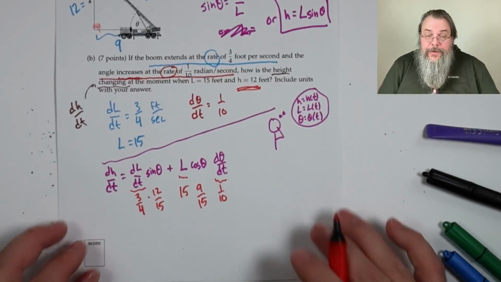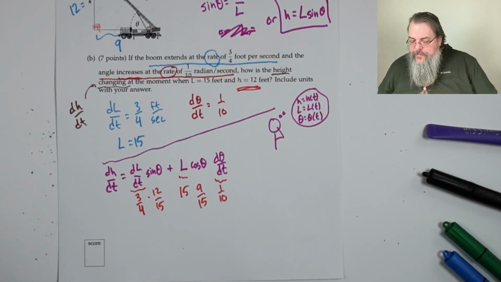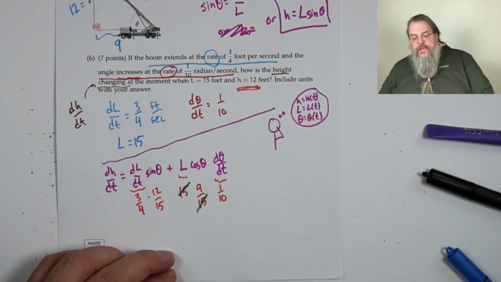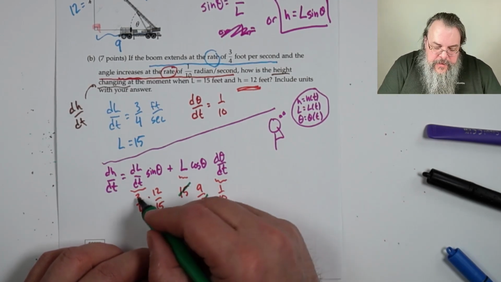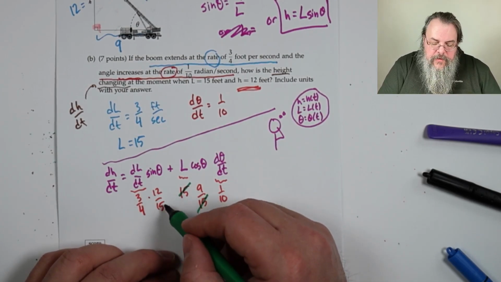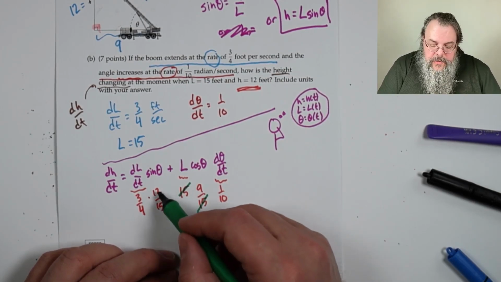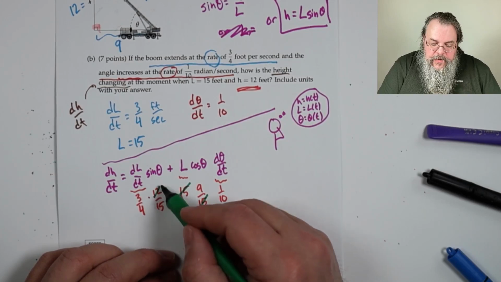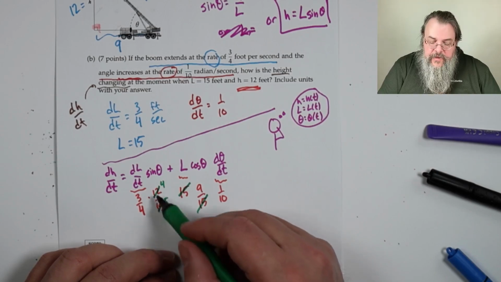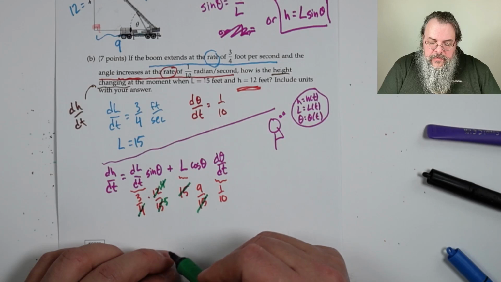And now we have all our pieces. So we just start cleaning up. We can do things like cancel the 15 here. 12 over 15 is the same as what? They both are multiples of 3. This is 3 times 4, and this is 3 times 5, so we can cancel some 3's here. Then 4 can divide in, so that cancels. So what do we have?